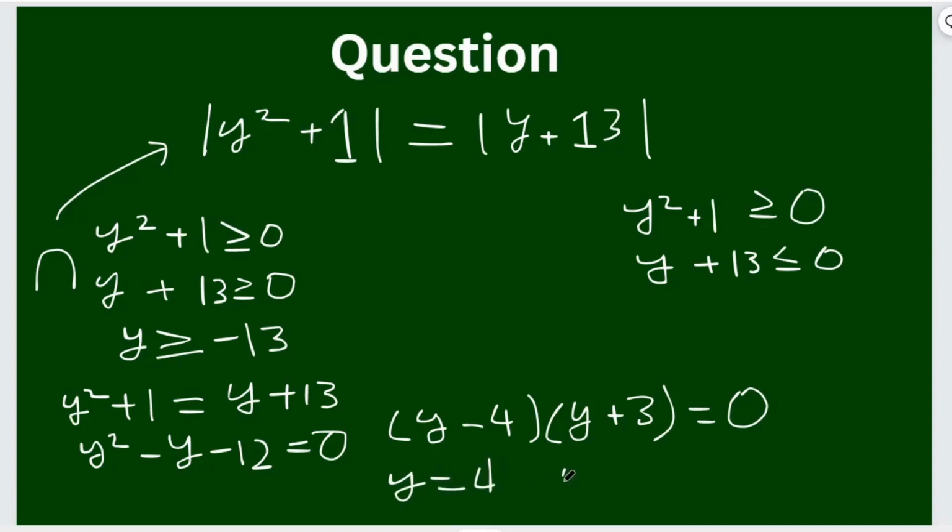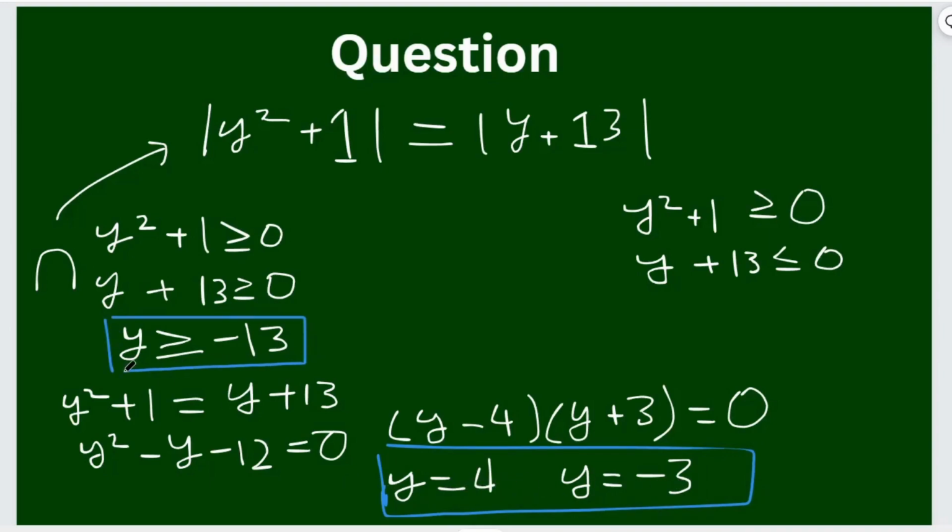That's one solution. And also y is equal to negative 3. So now we have two solutions, and we have to consider, does either one of these satisfy y greater or equal to negative 13? Well, in this case, yes, because y is equal to 4 and y is equal to negative 3. That's all going to be greater or equal to negative 13.